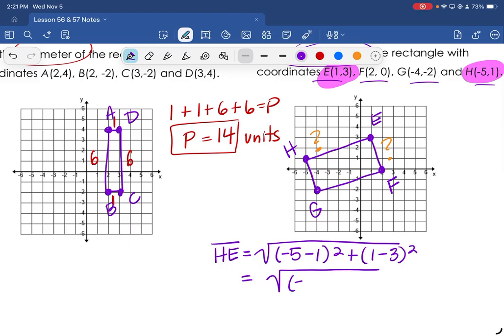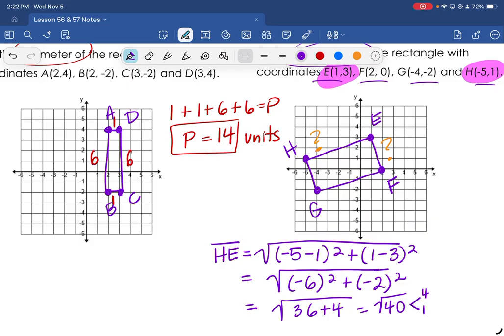That's going to be a -6 squared plus -2 squared, 36 plus 4, root 40, and what's that? 4 times 10, 2 times 2, 2 times 5, so 2 root 10. That's what HE equals.